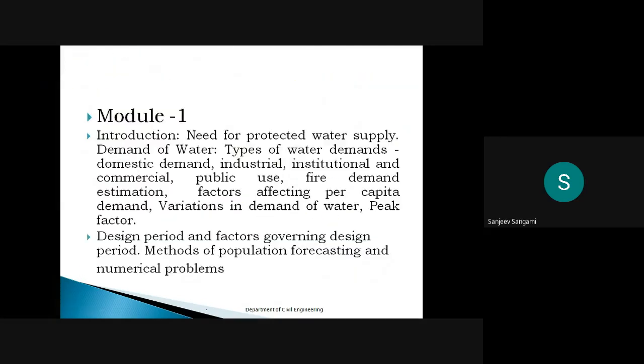In the first module, we are going to discuss the need for protected water supply, why a protected water supply scheme is required.